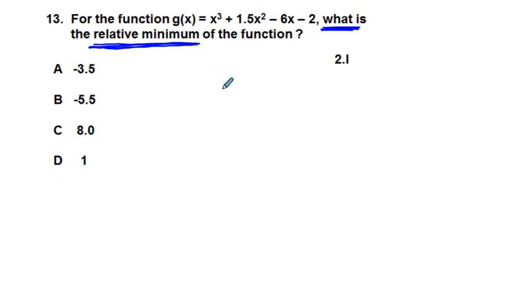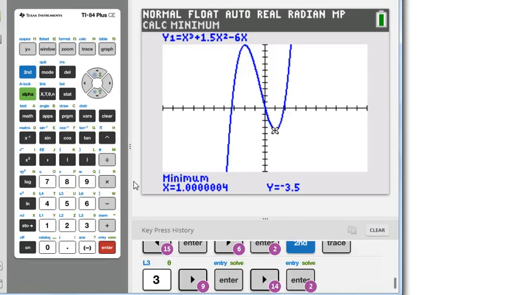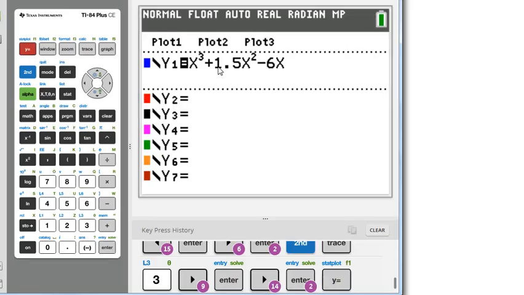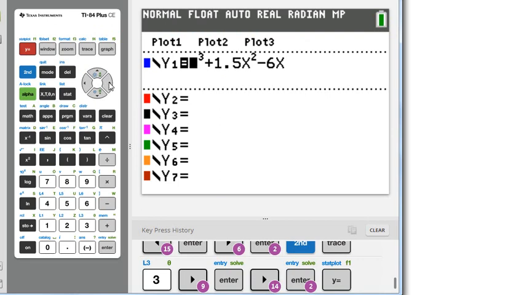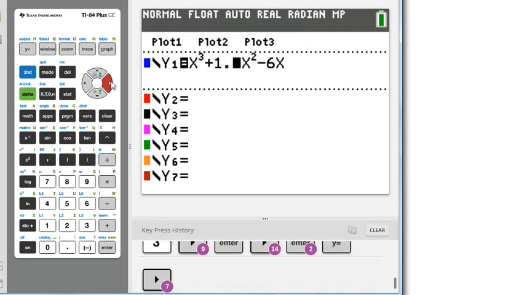So anyway, let's go ahead and look at the graph of this. Now it so happens that this function is the very same one I entered, except it's going to be minus 2 at the end of it. So I'm just going to put minus 2, and then we're going to see what happens.